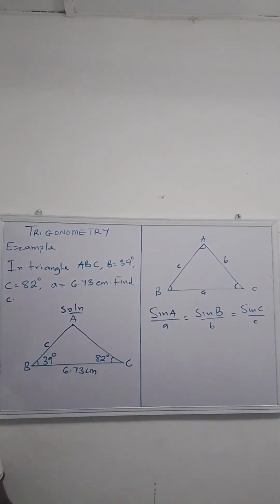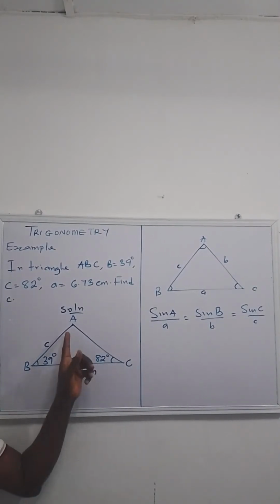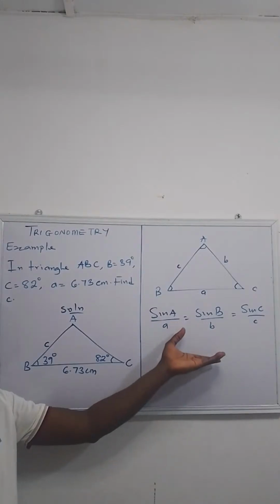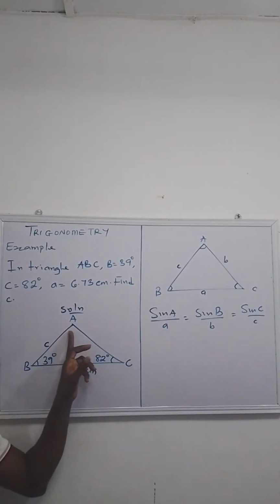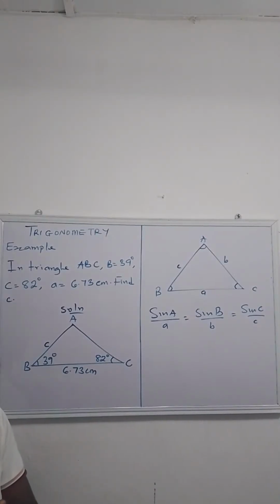So what are we going to do in this case? The first thing is to find a way, since I already have one side, to get this angle here. I have to get this one before I begin to use the sine rule. So how do I get this angle here? There is a theorem we are going to use.